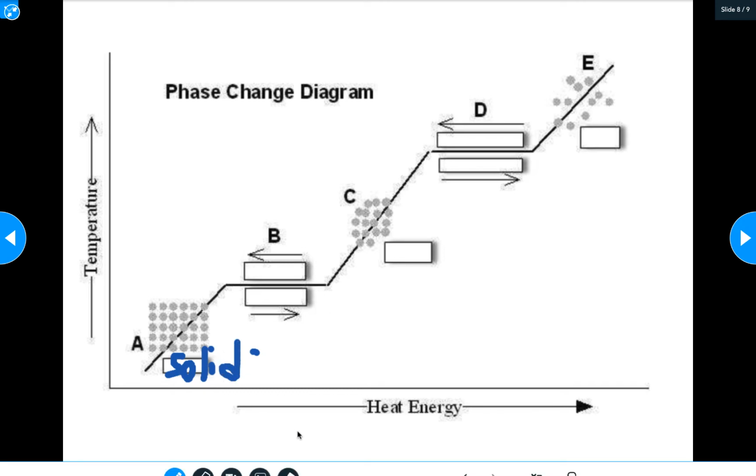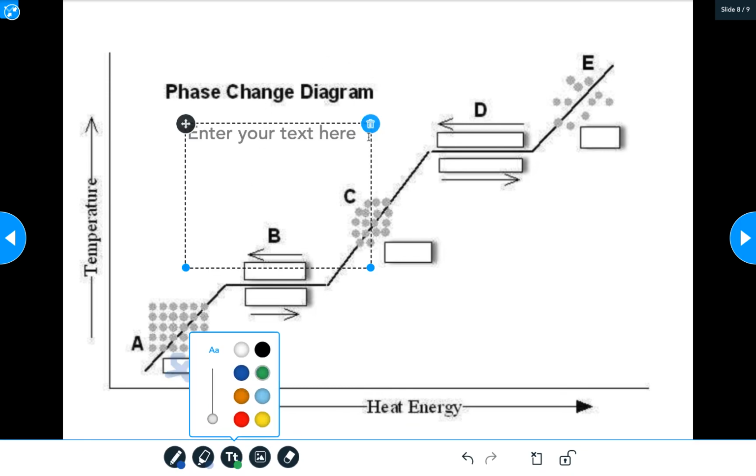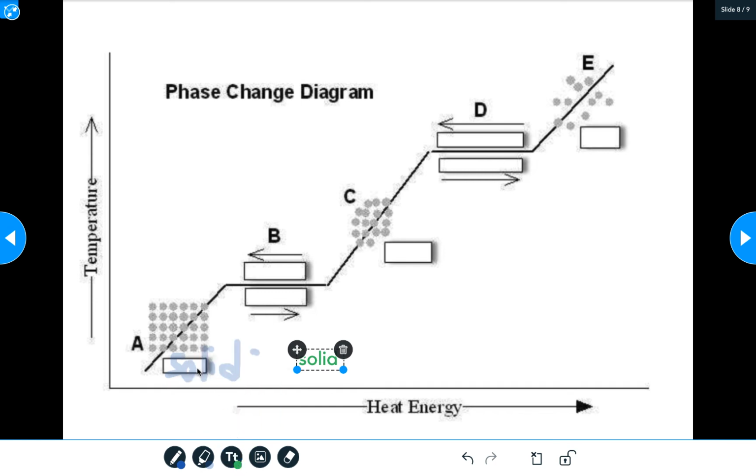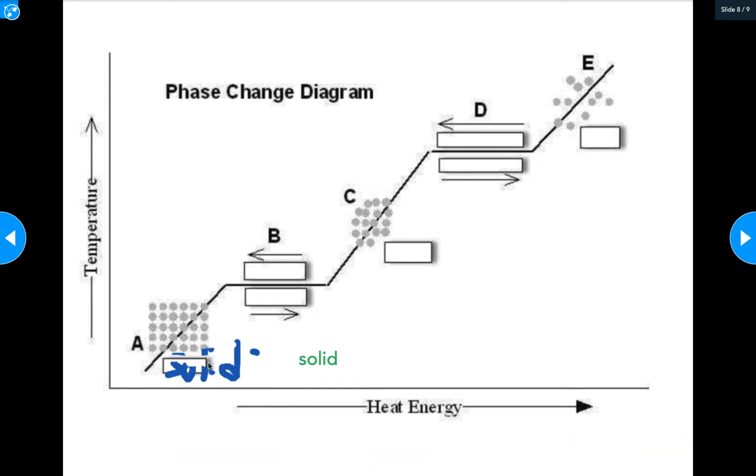solid, which seems difficult. So you might want to try typing it in like this. Solid. And then you can just drag it. So let's see if we can erase this.